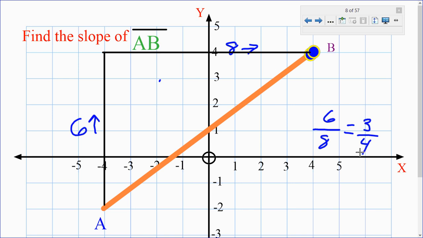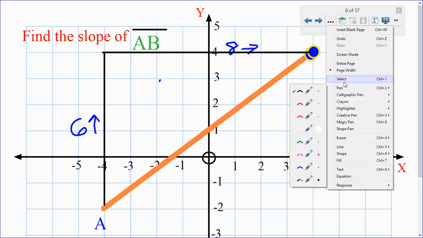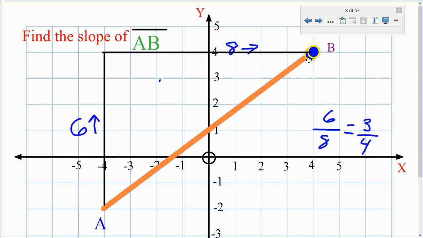Now the 3/4, let's get our point, get my cursor back, select, and grab that point again, point A, and show you what that 3/4 means. That means you can go up 3 boxes, so 1, 2, 3, and over 4 boxes to the right. 1, 2, 3, 4.